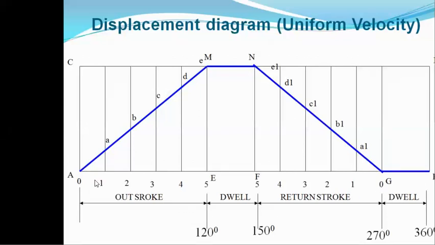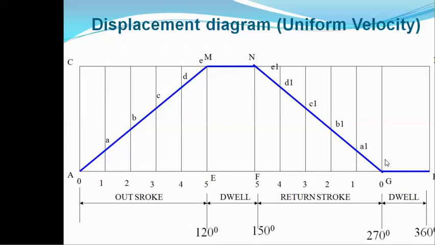And here in this case, divide this outstroke and return stroke into the same number of equal parts, generally an even number of parts, and draw vertical lines from each point, and also join AM, which will intersect all the vertical lines at A, B, C, D, and E.